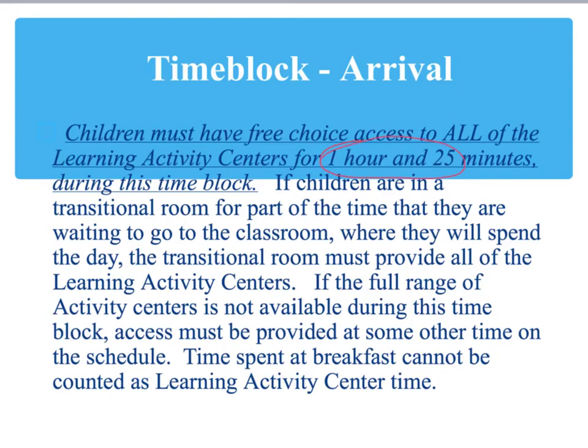Now, this says all, but actually most of us are going to put some, because you may not want children to have access to the art center at 6:30 in the morning. It's completely your choice. But your arrival time needs to be at least an hour and 25 minutes, because starting at 6:30 in the morning, you're not going to have all of your children, but probably you would have most of them by 8 o'clock.